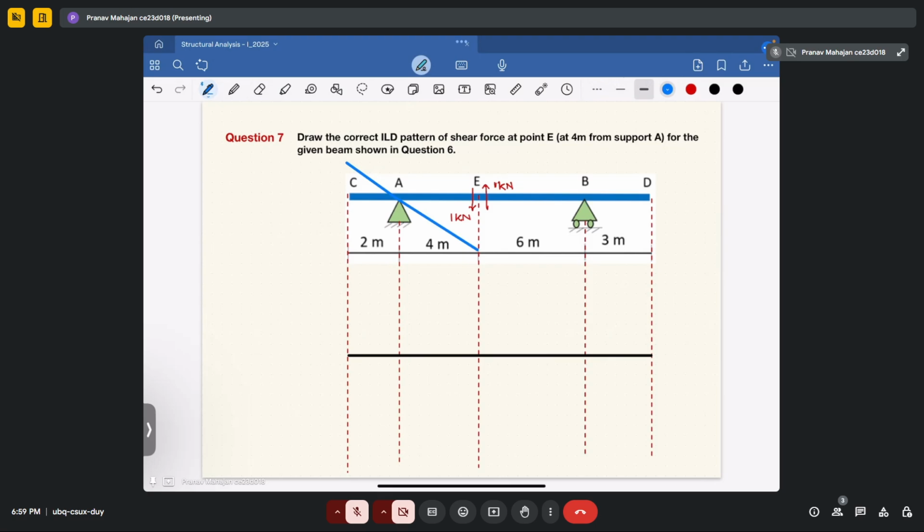And in this case, since it is upwards, again it will be like this and this. Fine. So this is your deflected profile of the beam due to unit shear at point C. So this is your deflected shape due to unit load.